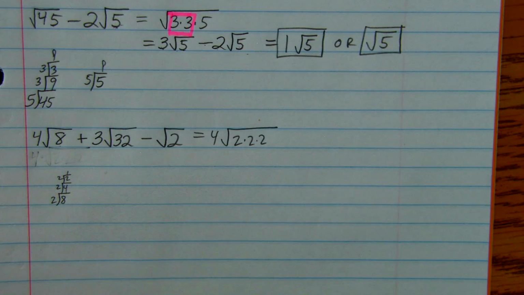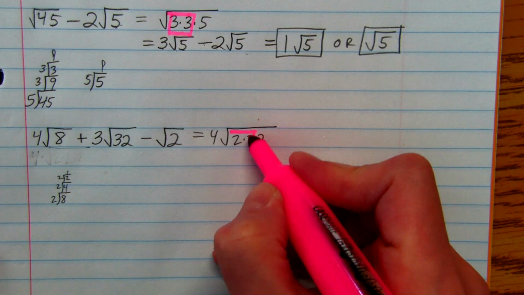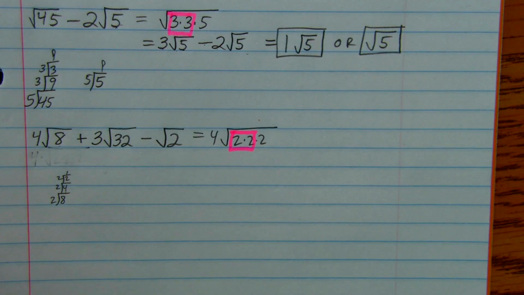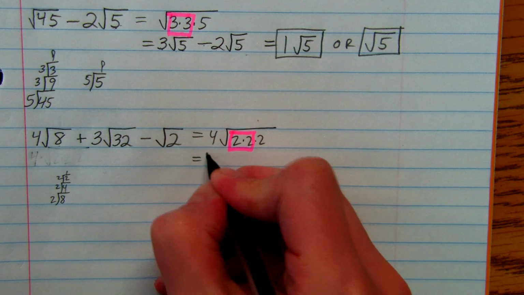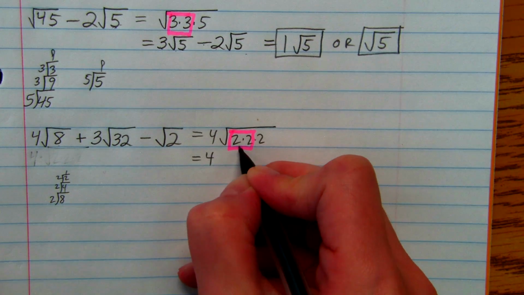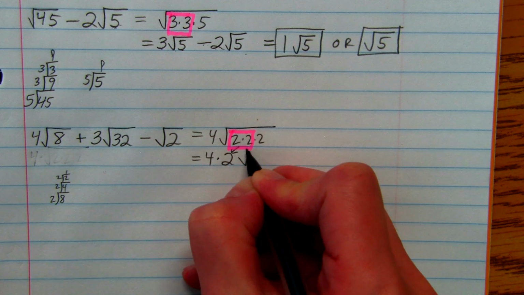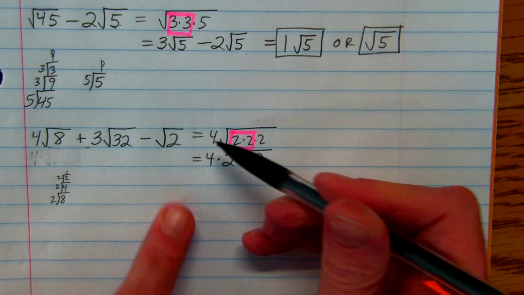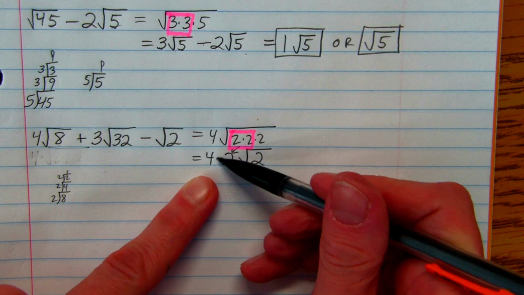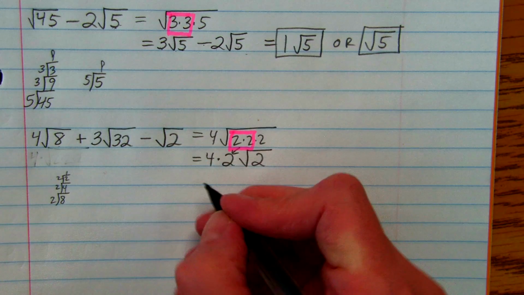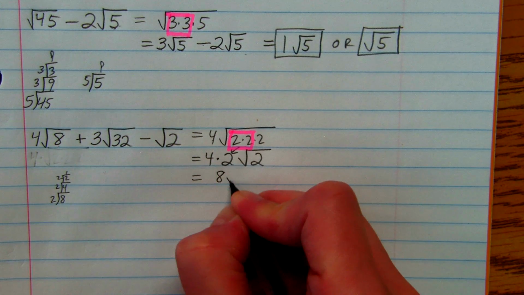This pair of 2's would come out. I already have the 4 there, that has to stay, but then I'm also going to bring out a 2. So it's going to be 4 times 2, and there's a 2 left in there. If there's a number already there, and you're bringing a number out, you multiply those. So it would become 8 square root of 2.